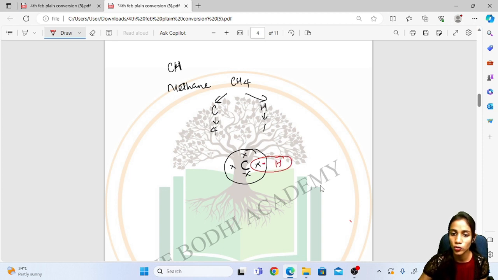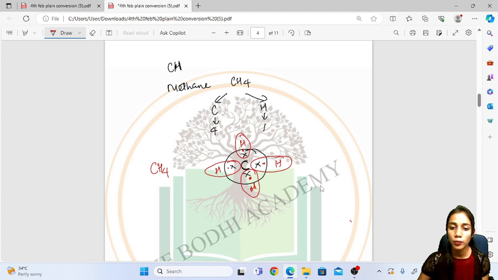Hydrogen with its 1 electron, next hydrogen with its next electron, third hydrogen with another electron. So now there is 1 carbon and there are 1, 2, 3, 4 electrons. In this way you can represent the formula in the form of these electron dot structures.